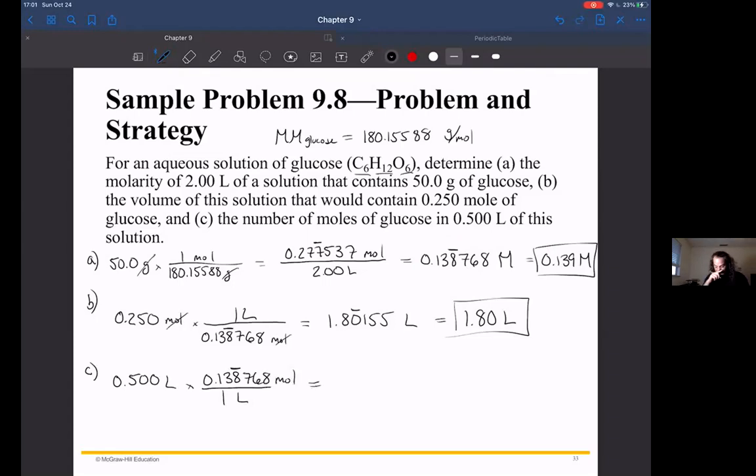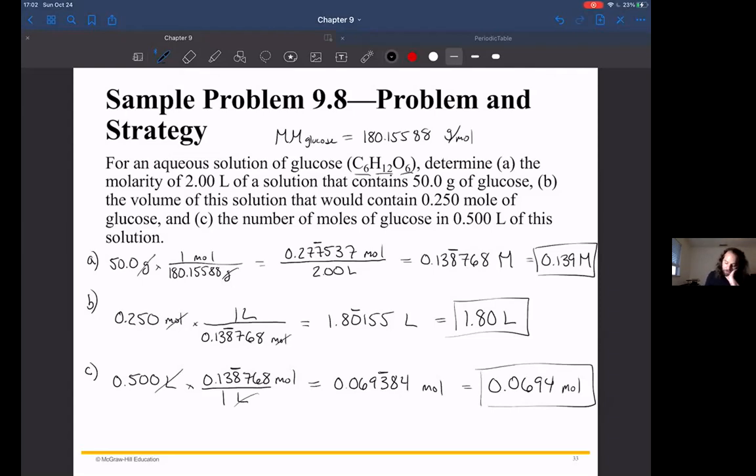Using that unrounded value, I punch that into my calculator and I get 0.0693384. Looking at units, liters cancel out and I'm left with moles. This is how many moles of glucose there are in 0.5 liters of solution. With 3 sig figs, 0.0694 moles of glucose. That's my final answer.